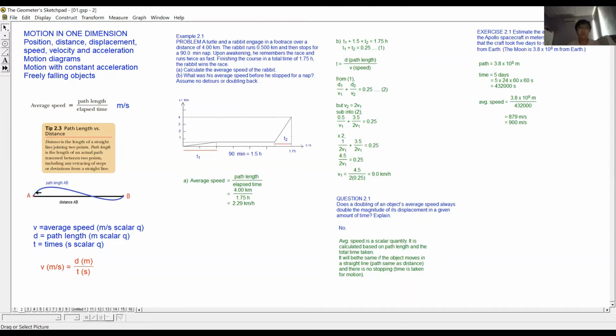Path length is the actual distance taken by you. If you want to talk about the displacement, then it is the straight black line. They are only interested in the initial position and the final position, so they just draw a straight line there.